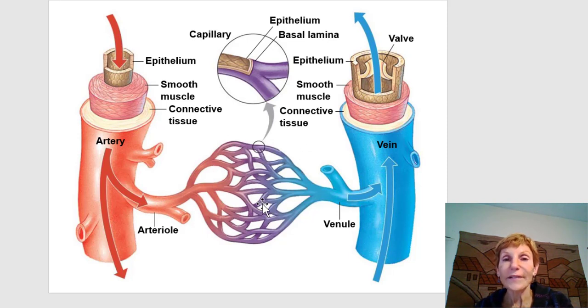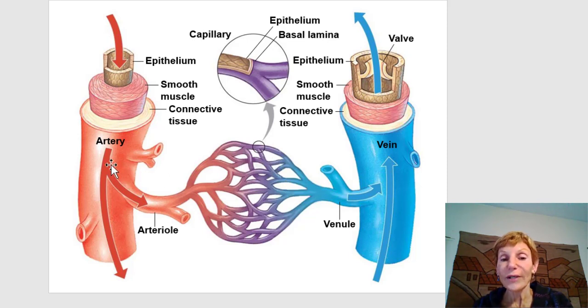Now, these capillaries, as I said, are one cell layer thick, and they're very, very thin. Okay. And that makes them beautifully suited for exchange. So we're going to get exchange of nutrients, exchange of wastes, exchange of gases, oxygen and carbon dioxide, only at the level of the capillaries.